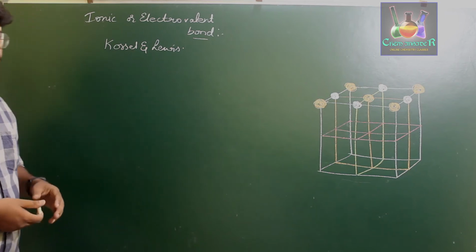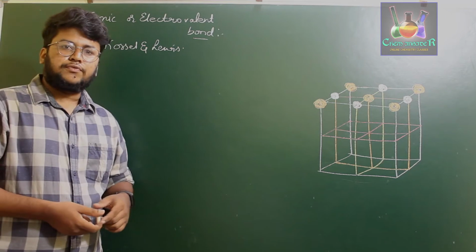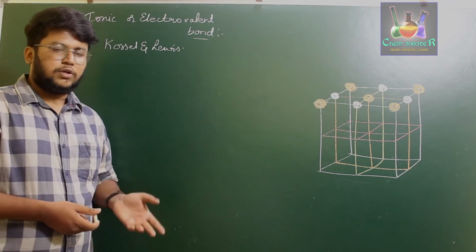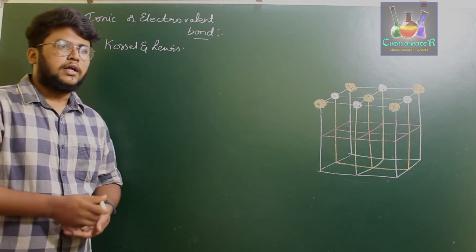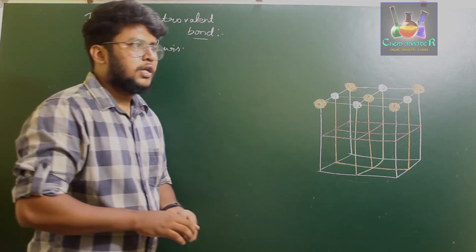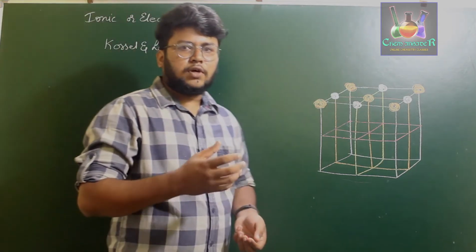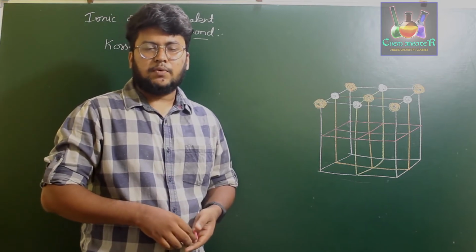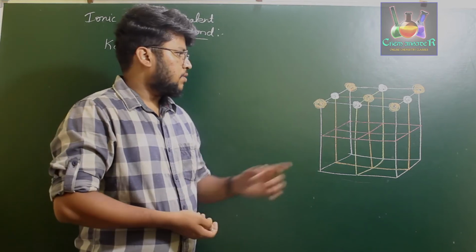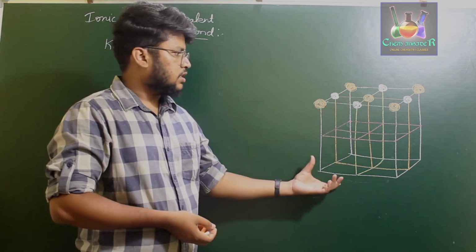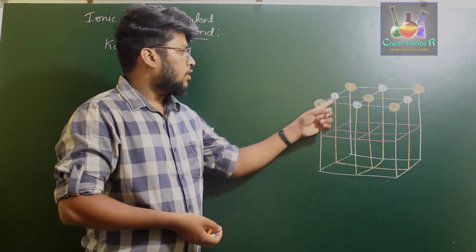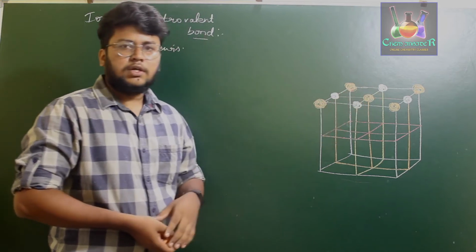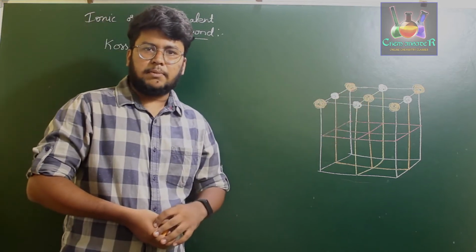That means it should form a positive ion and a negative ion, cation and anion respectively. And those ions are to be arranged in a three-dimensional solid structure, which is called the crystal lattice, as we have written over here. So this is a crystal lattice of a compound, and we arrange those cations and anions in the respective arrangement in 3 dimensions.